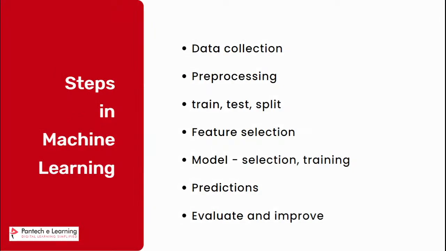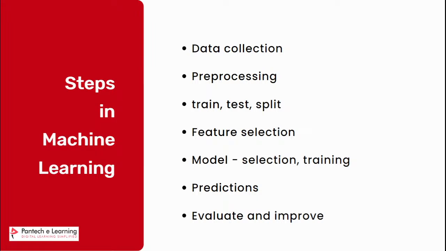So the steps involved in machine learning are: first, in data science also, you need to collect your data somehow. It could be from open source or from anywhere you could collect it. Then these data which you have, you have to mandatorily perform something called pre-processing, because you don't know how your data will look.